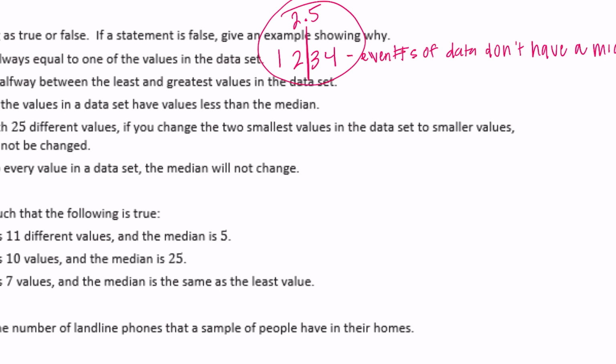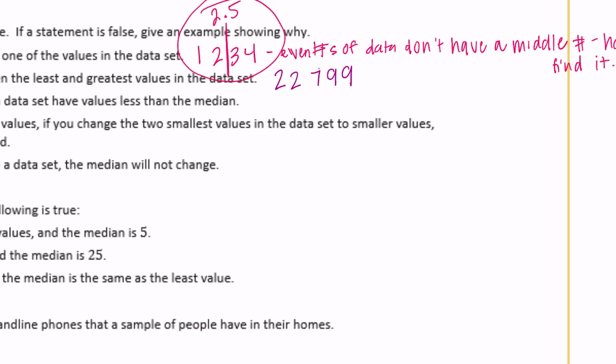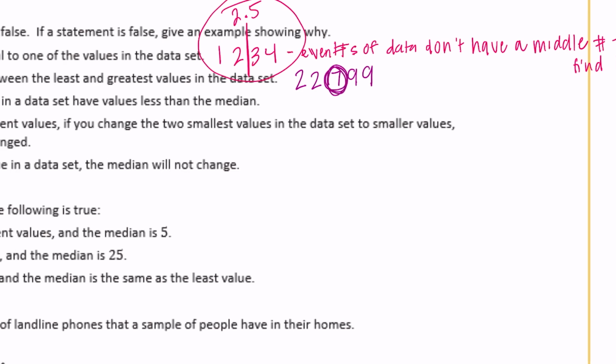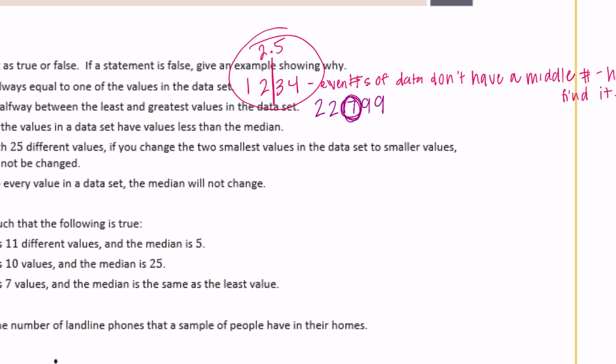So if we had a data set like, I'll think of something easier, 2, 2, 7, 9, 5, or sorry, 5 is not in order, 7, 9, 9. Here, the median is 7, right? Because that's what's in the middle. But 7 is not in the middle of 2 and 9.